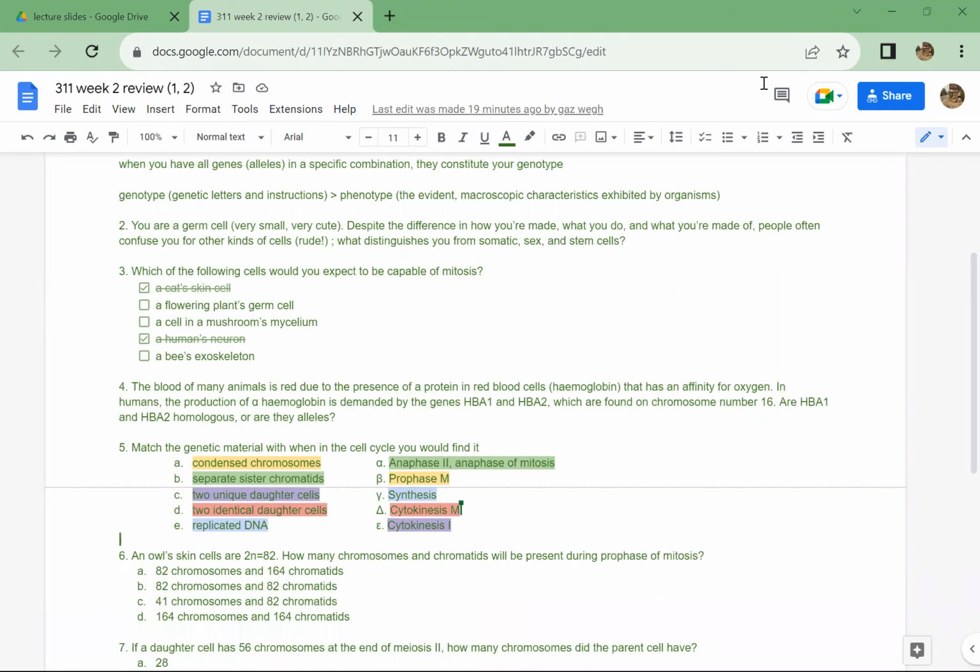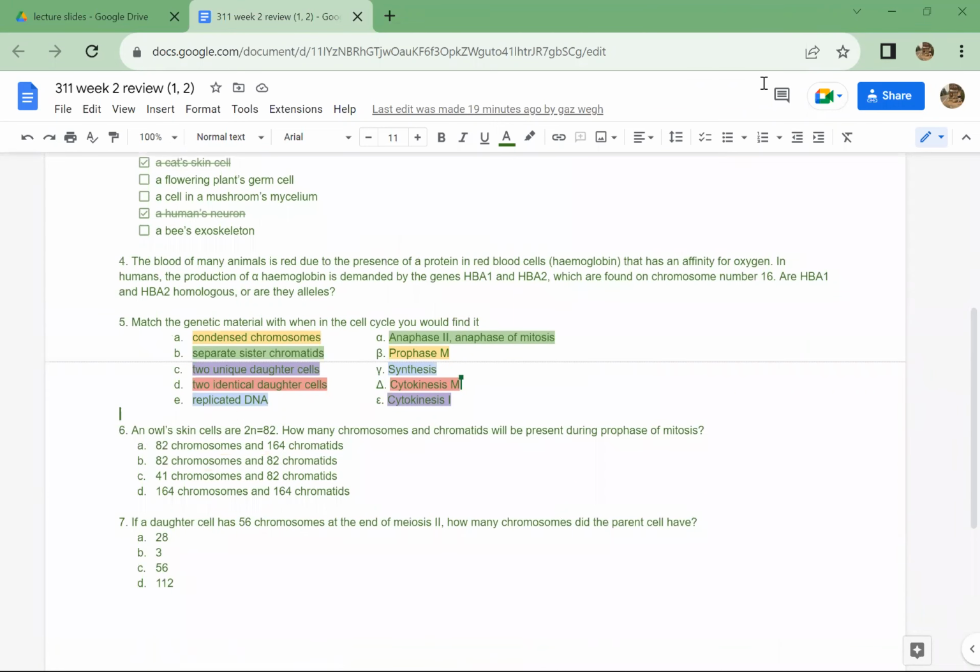We talked more about the kinds of cells where we'd find them. I tricked you and I tried to assess your knowledge of what an allele versus a gene versus a locus is. And number 5, we talked about the meiosis and mitosis cell cycles in great detail.